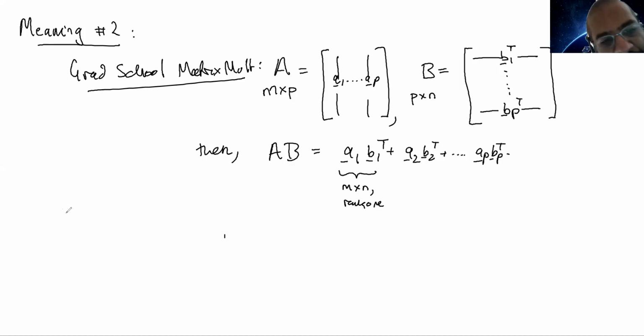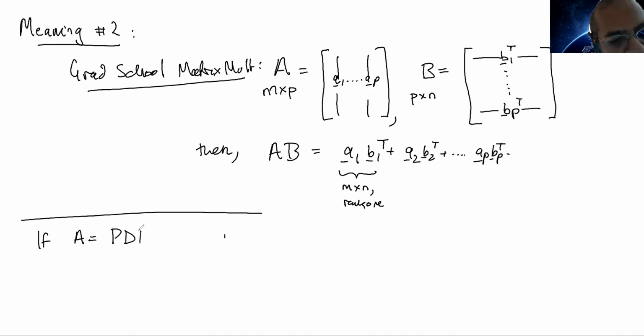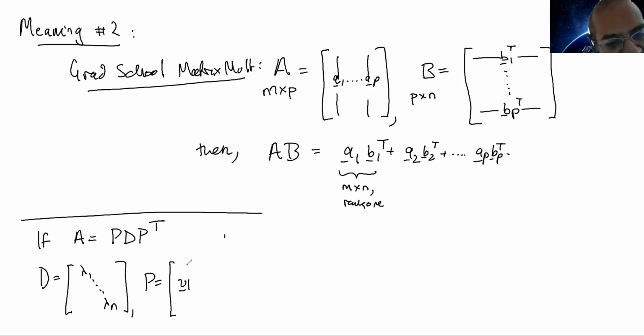What does this imply about the spectral theorem? Well, if A is equal to PDP transpose, D is this diagonal matrix containing the eigenvalues. P is a matrix containing the eigenvectors, which are now an orthonormal basis, right? Then what does it look like when you multiply it out this way?